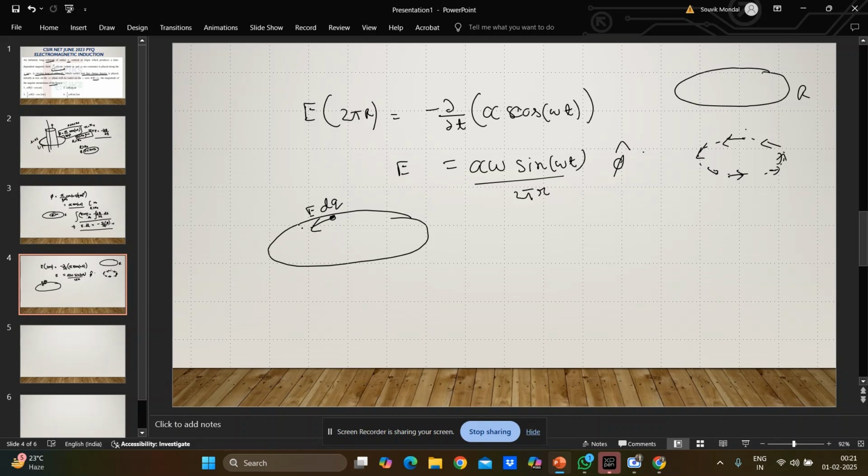Now E is fixed, it is alpha omega sine omega t over 2 pi R. In this expression of E only the time is varying, but space is not varying. So the value of E is fixed at every point in this loop, and the force on every dq will be E dq, E dq, and so on.